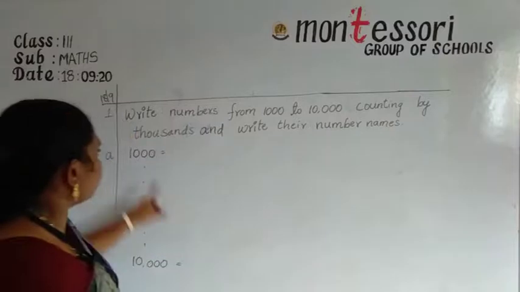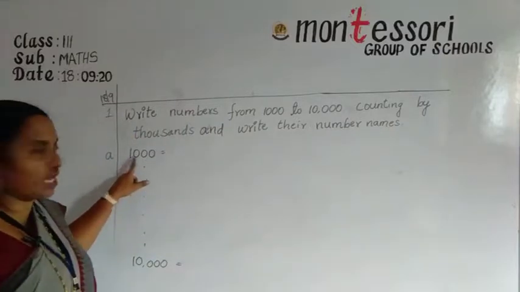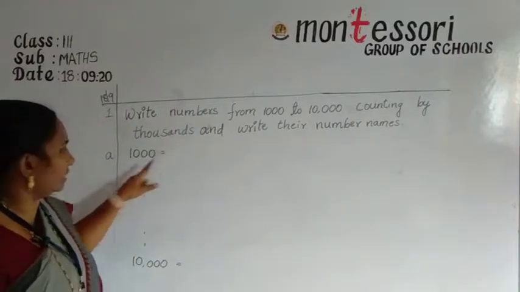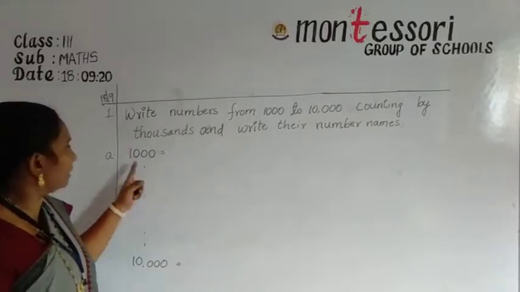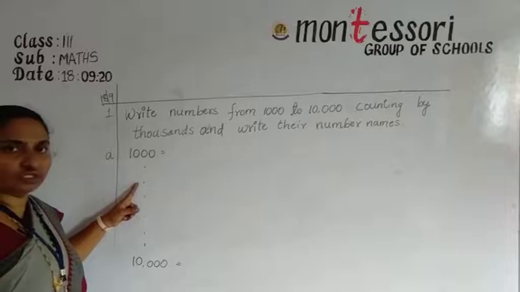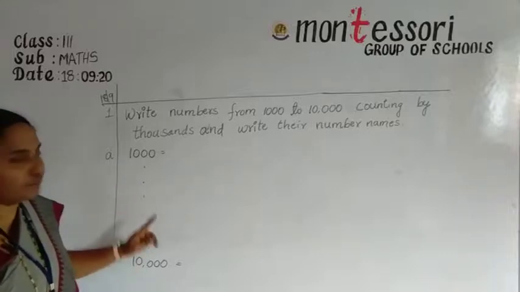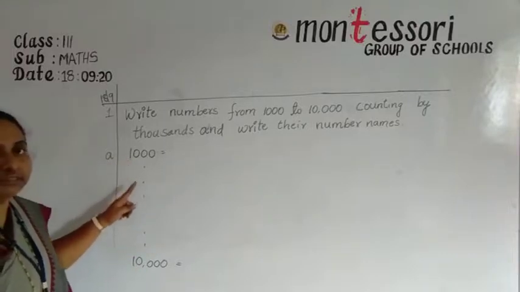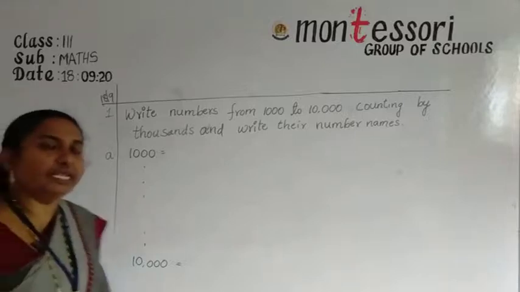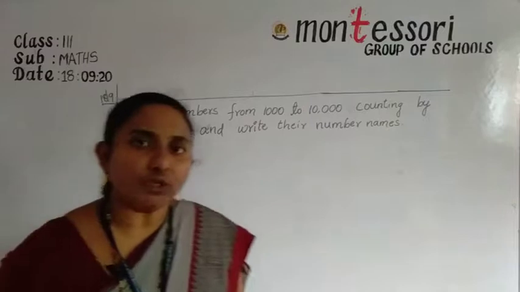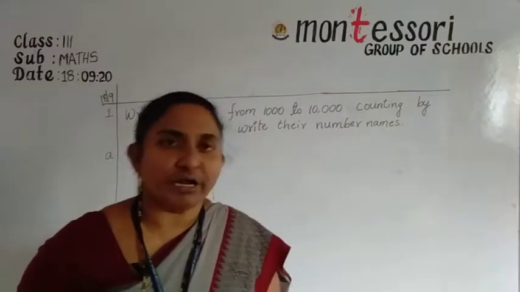Now you can write 1000. Next 2000, 3000. Enough. Don't write 1001, 1002. No need. Only number names 1000, 2000, 3000, 4000, likewise up to 10,000. It is already given in your classwork, no? Likewise, you can write in your homework book also.